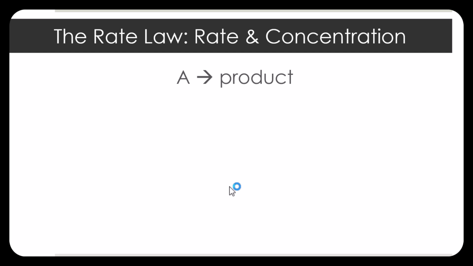If I'm talking about anything else, or if there's like a concentration in there somewhere, it's probably going to be rate law. Okay, so I'll be very explicit about average reaction rates. I'll be less explicit about the rate law. So assume rate law unless you see that word average.